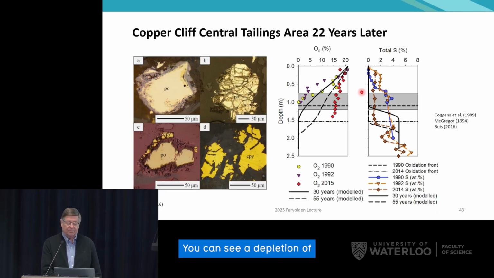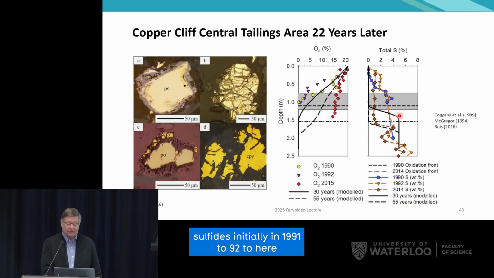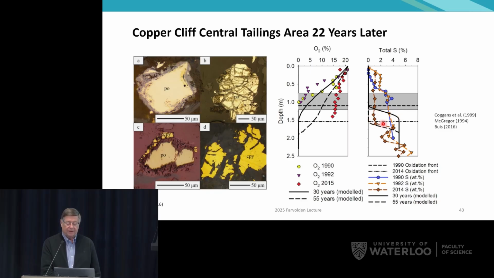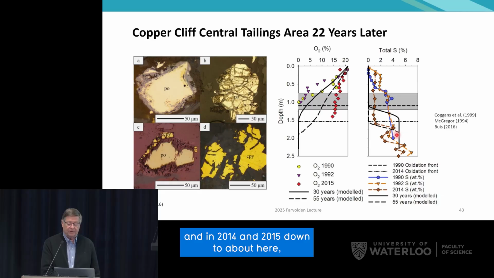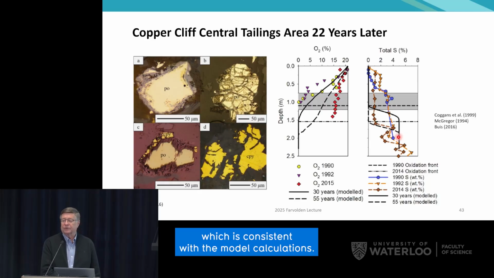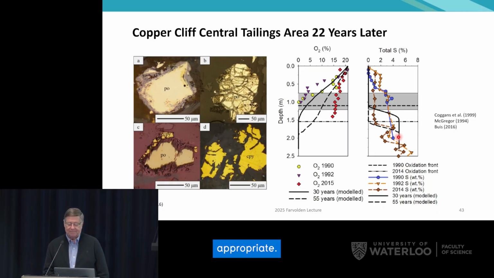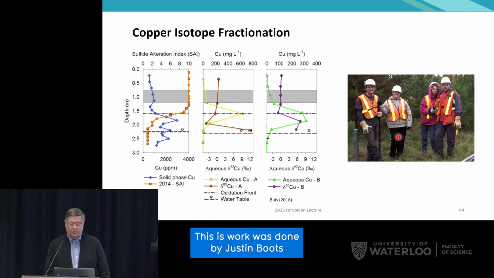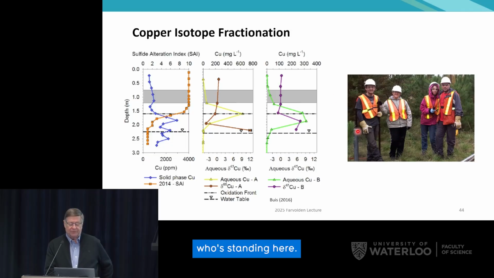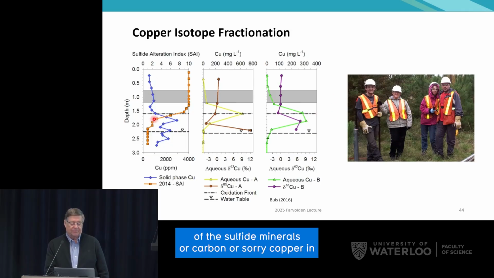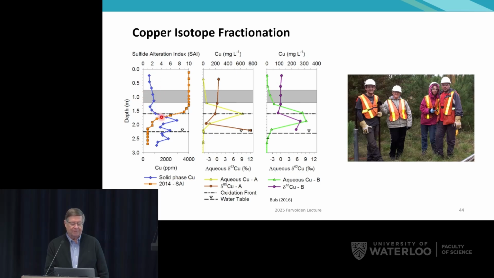And we see depletion of sulfides initially in 1991 to 92 to here, and in 2014 and 2015 down to about here, which is consistent with the model calculations. So we think that those calculations are appropriate. So work was done by Justin Buis, who is standing here. And you can see depletion of the sulfide minerals, or copper in this point.